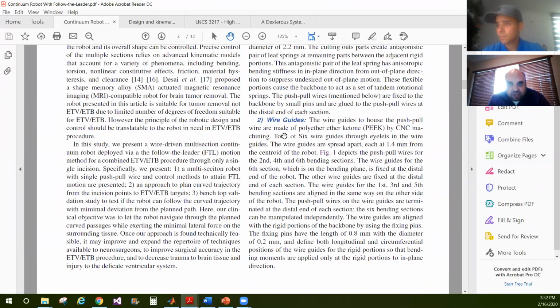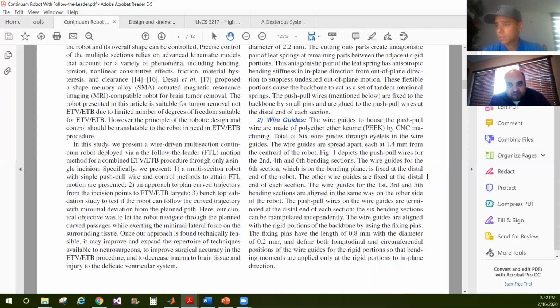Backbone tube, wire guides. Figure on the push-pull wires for the second, fourth, sixth bending sections. The wire guides for the sixth section, which is on the bending plane, are fixed at the distal end of the row. The other wire guides are fixed at the distal end of each section.